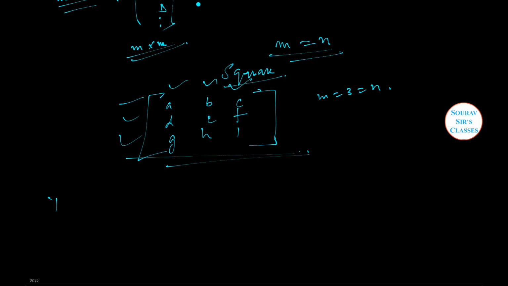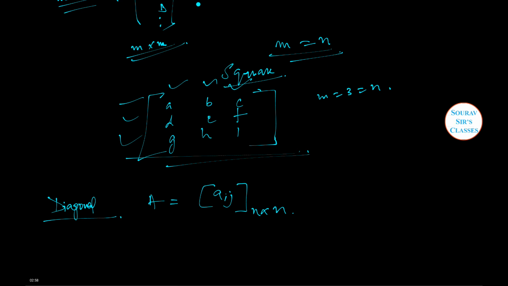Next we come to diagonal matrix. Now what is a diagonal matrix? A square matrix A equal to Aij, of order n cross n, is called a diagonal matrix if all the elements except those in the leading diagonal are 0.